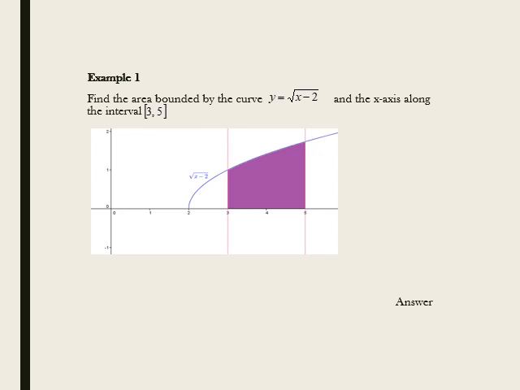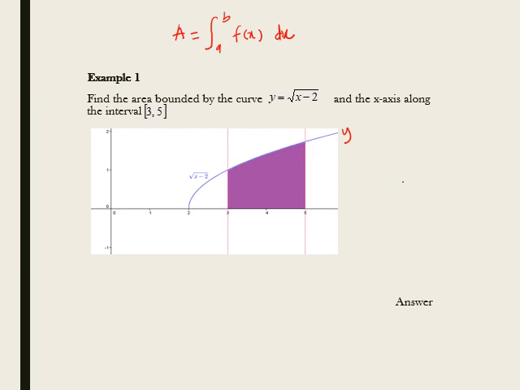Okay, now we want to find the area bounded by the curve y and the x-axis along the interval 3 to 5. So here it's already given the y. So y is this one. So the area is equal to the integration from a to b of f(x) dx.